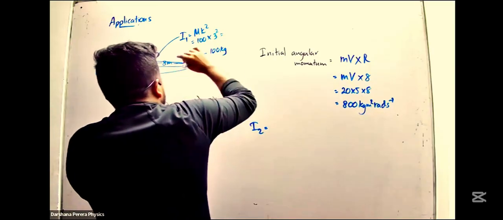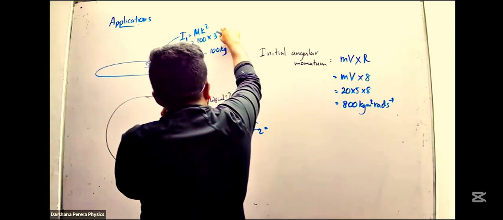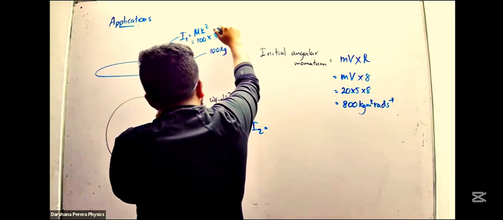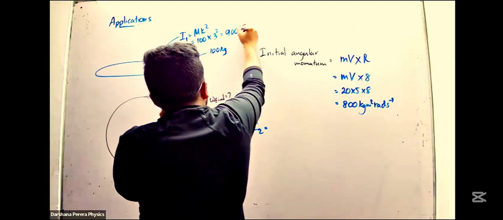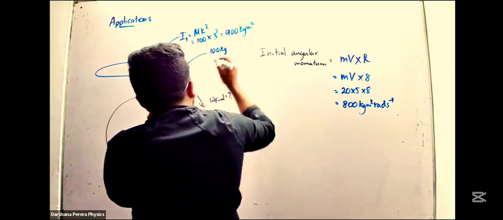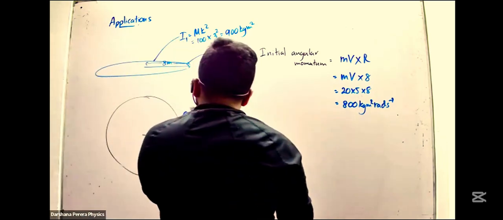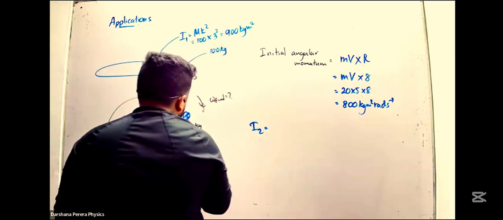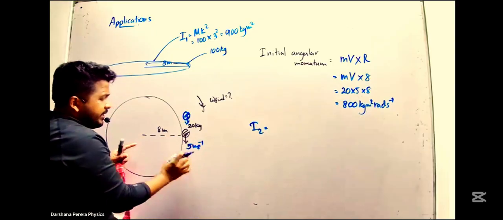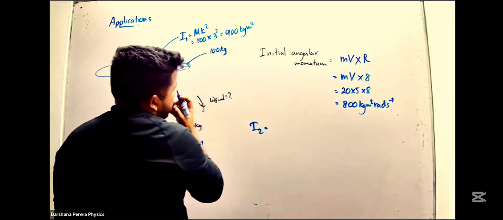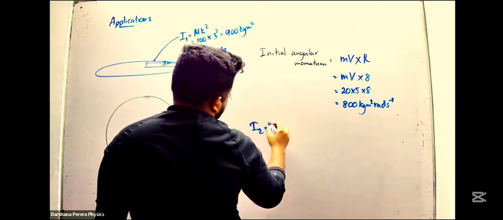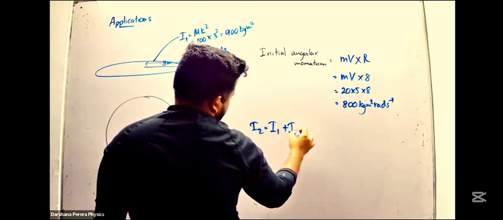Sorry, 3 square means 9. 900 kg m square, right? Like that. Then I2 equals what? The child is connected to this one. Therefore, I1 plus I child.